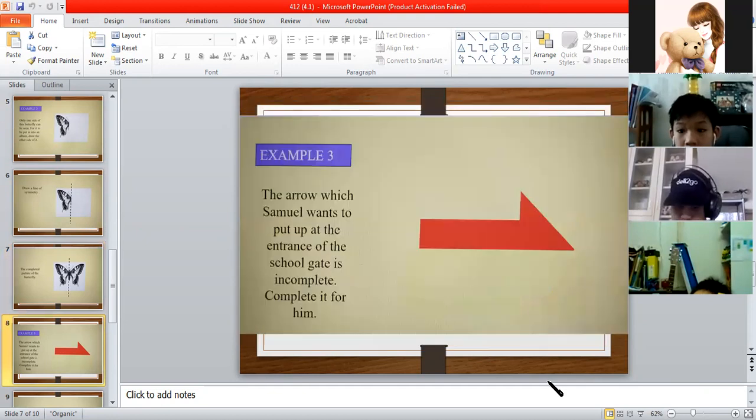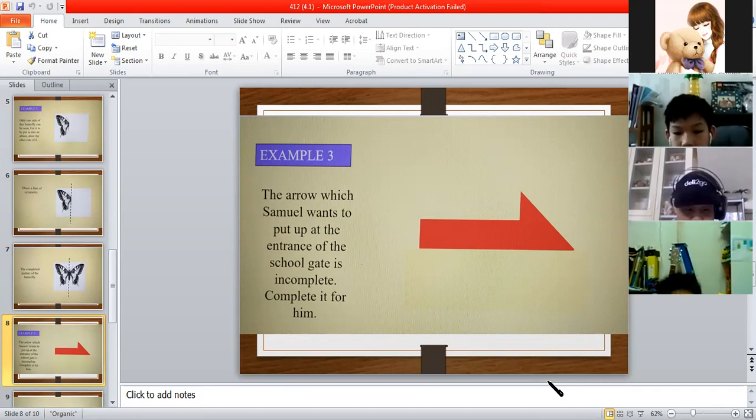Okay, so this is example number 3. Here is the arrow which Samuel wants to put up at the entrance of the school gate, but it is incomplete. How are you going to complete it for him? Draw. First thing you have to draw, it's a dotted line, but what do we call that?